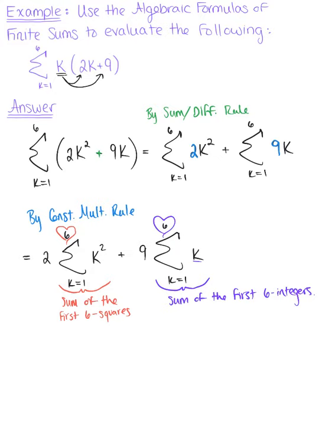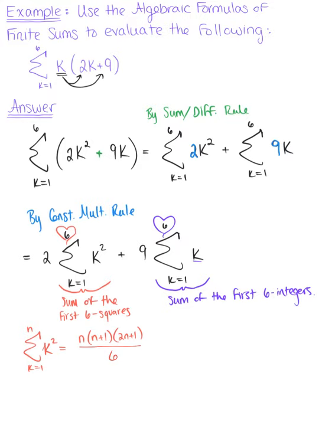So let's go ahead and apply those formulas. Again, we know that the sum from k is 1 to n of k squared simplifies to n times n plus 1 times 2n plus 1 divided by 6.